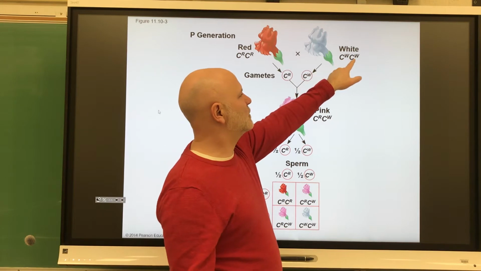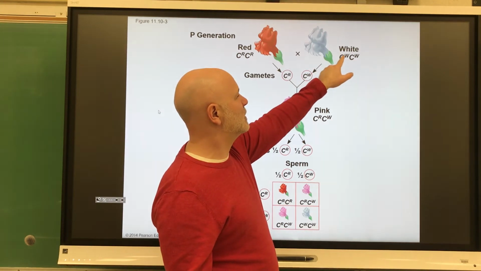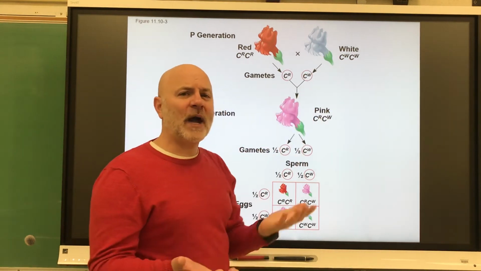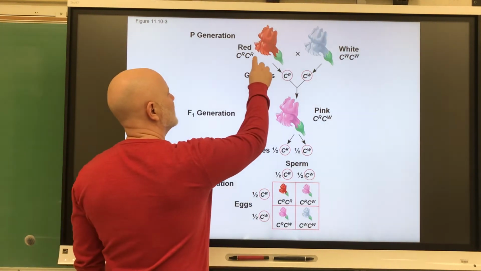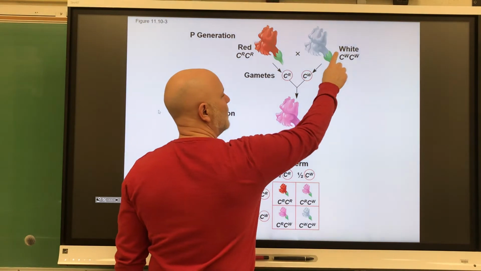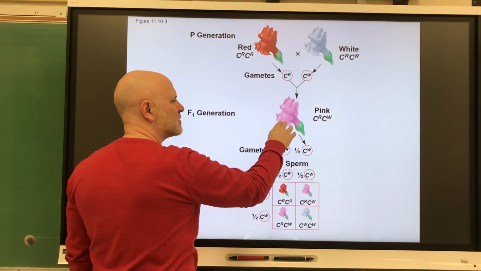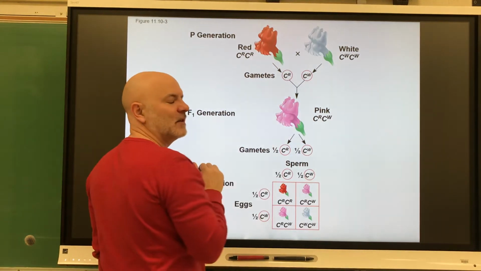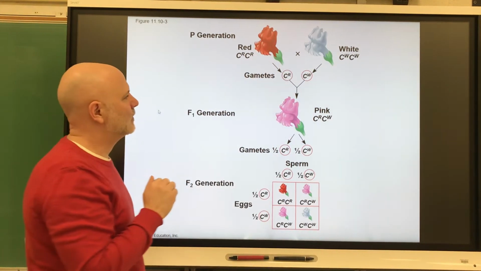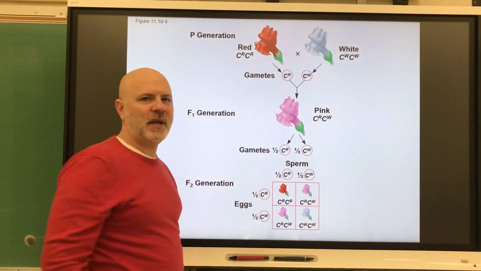This individual has two alleles for the white color. But white really is a lack of pigmentation. So this is red pigmentation. Here's a gene for no pigmentation. When they have offspring, those offspring are going to have half the pigmentation of those that have that red coloration. And half of that pigmentation is pink.